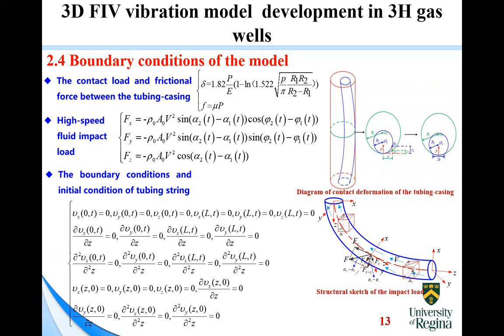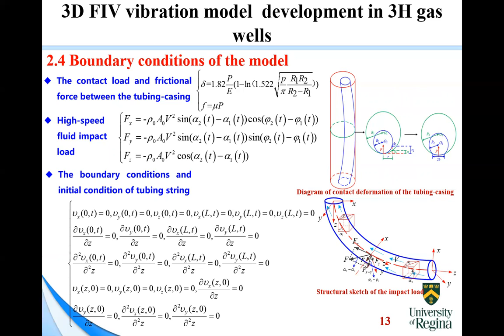The contact load and friction force of the tubing string can be expressed by the first equation, and the high-speed flow impact load by the second equation. Here alpha T and phi T are the deformation of the tubing string at any time. Also, the boundary conditions and the initial conditions of the tubing string can be expressed by the third equations.